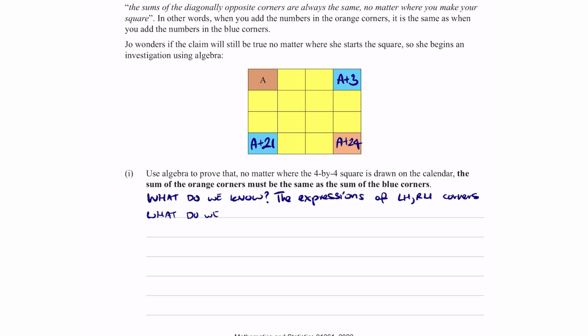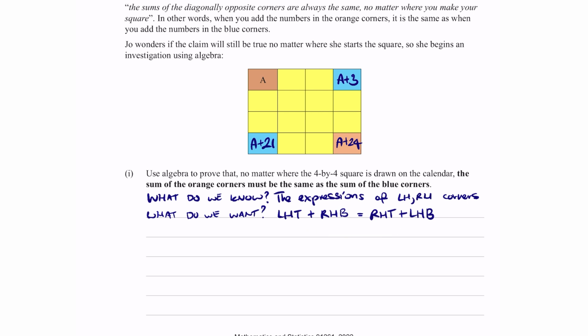What we want to show essentially is that the sum of the orange, so the sum of the left hand top plus the right hand bottom, is equal to the sum of the right hand top plus the left hand bottom. Because we have the expressions of the corners, we know all the information to write this out.